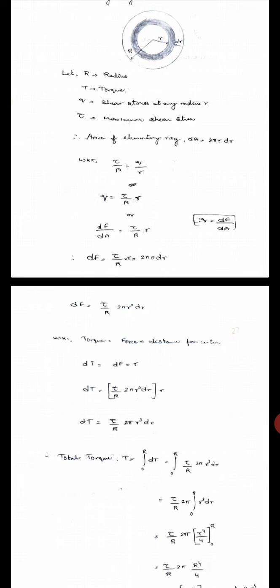We have 2 pi tau by R, and r cube dr becomes r raised to 4 by 4, from 0 to R. So 2 pi tau by R into R raised to 4 by 4, which is pi tau by R into R raised to 4 by 2. Because R raised to 4 is D by 2 raised to 4, it is D raised to 4 by 16, so we get tau by R into pi by 32 D raised to 4.